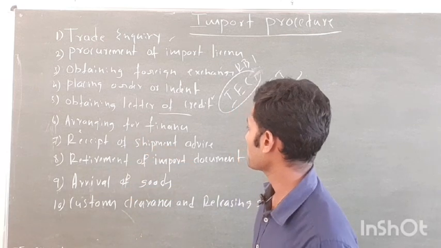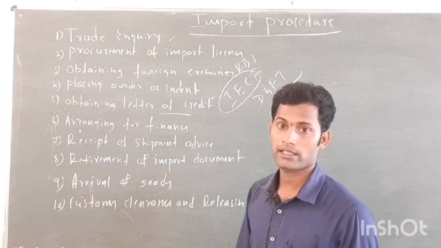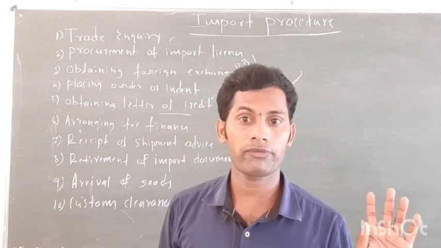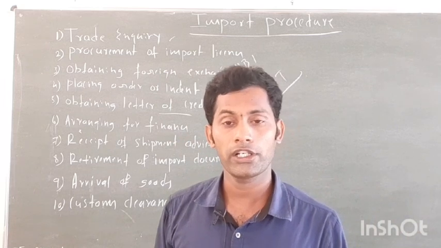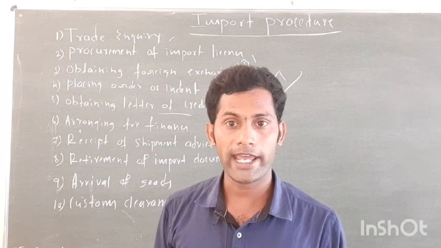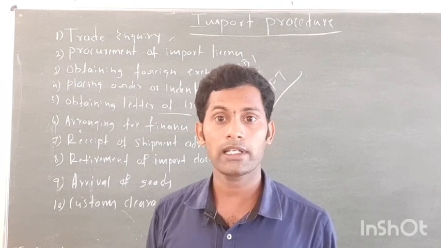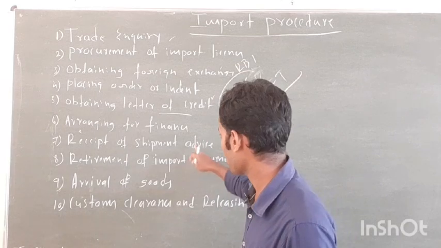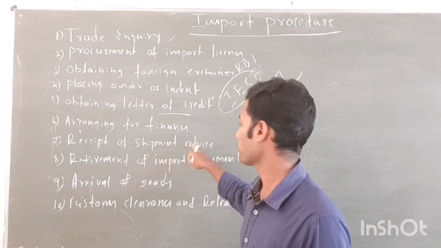Seventh one, receipt of shipment advice. Now, the exporter goes for shipment of the product on a vessel or on the ship. So, after loading, after shipment, the exporter sends one message to the importer. That is what we call receipt of shipment advice.